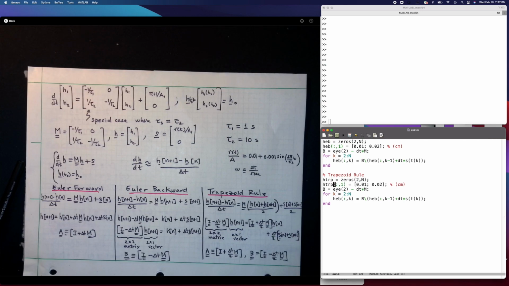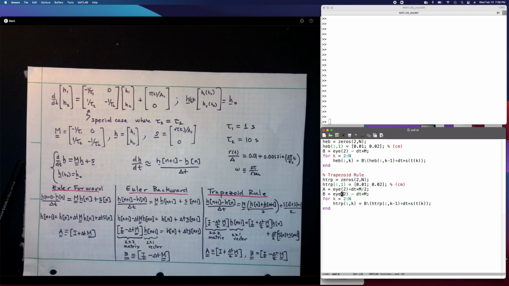Trapezoid. Okay, and here I have to define A and B. A is I2 plus dt star M divided by 2.